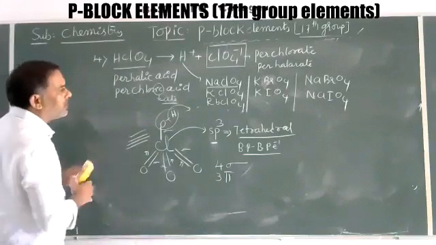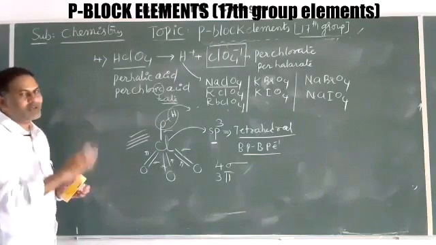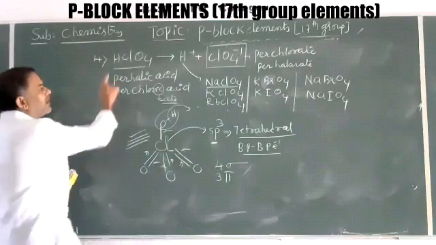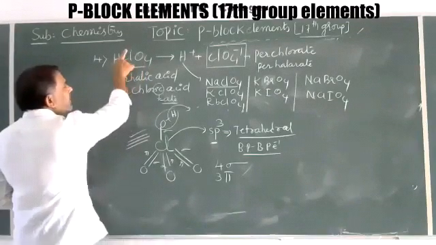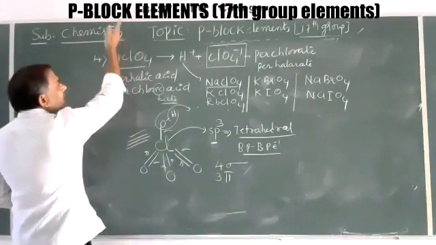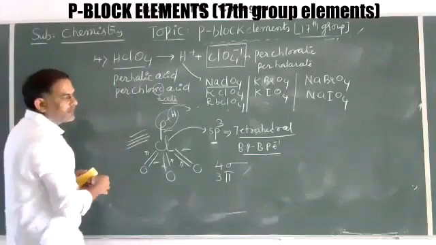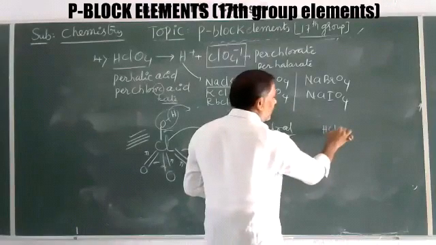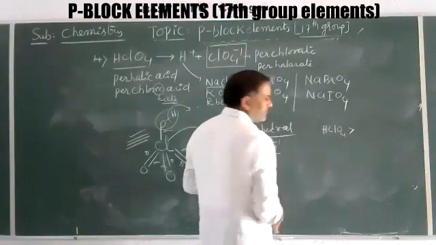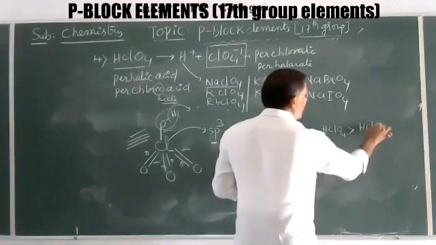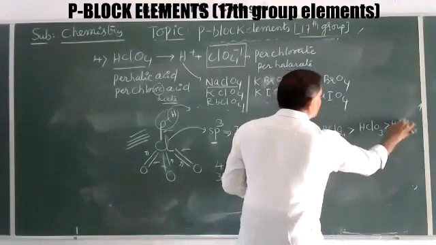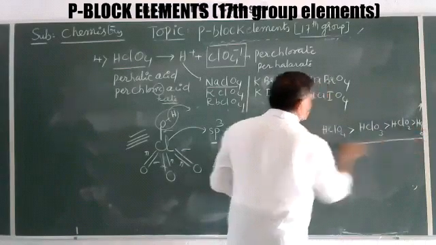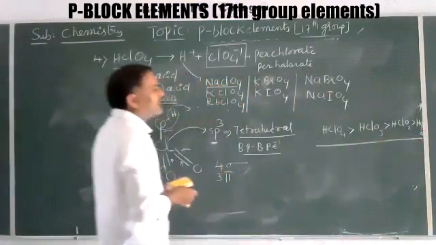Among all halogens, chlorine is the most important, that's why 4 important oxo acids were explained: perchloric acid, chloric acid, chlorous acid, hypochlorous acid. HClO4 is the highest, then HClO3, HClO2, then HClO.